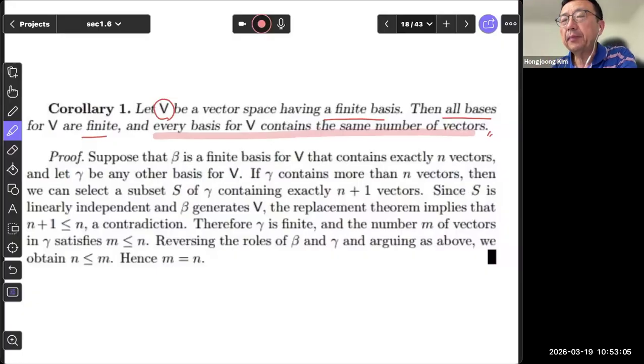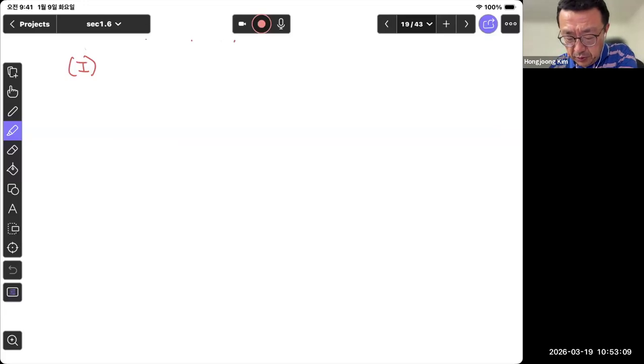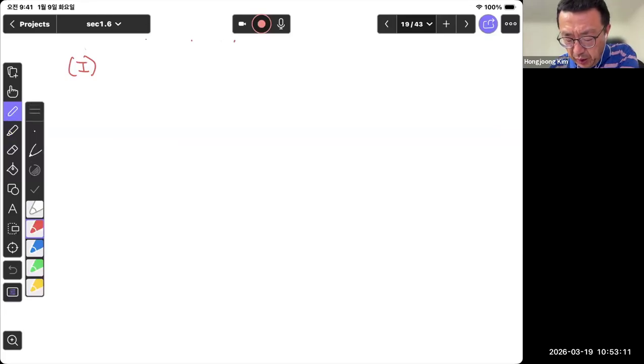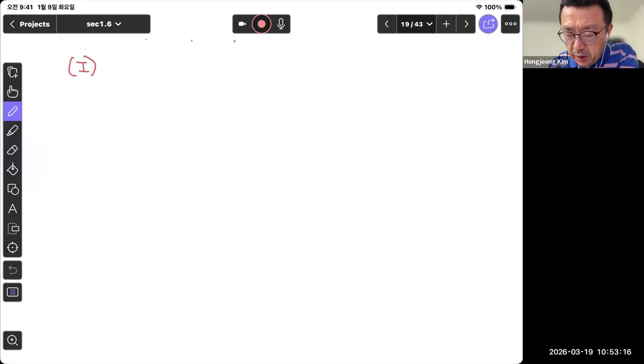For that claim, one proof will be this. Suppose that we have two bases, say beta and gamma.